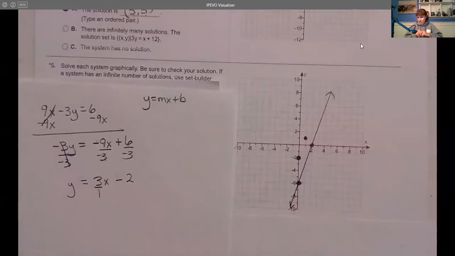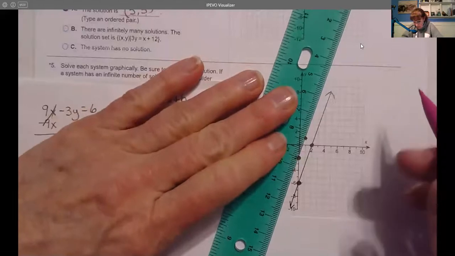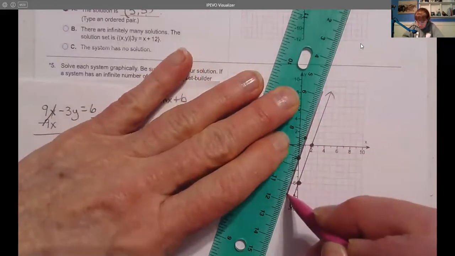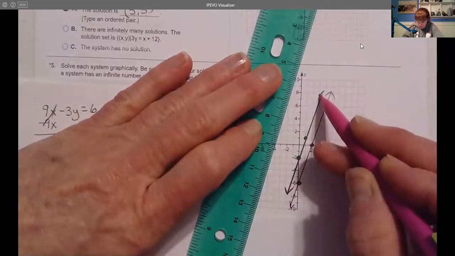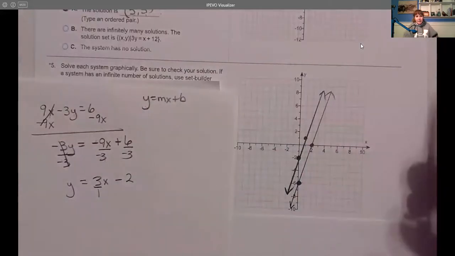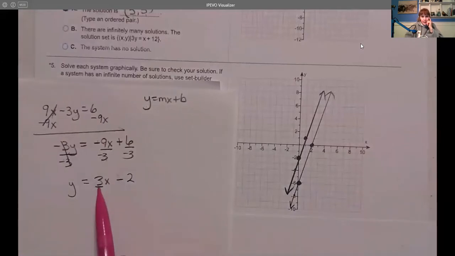Ooh, wow. Look at this. What happened? If we connect these dots up, these lines do not intersect. There's no solution. And what happened is that if you look at the slope of these lines, the slope of these lines are both 3.